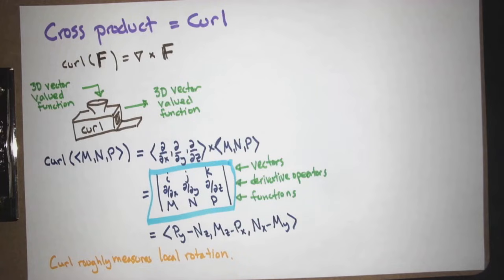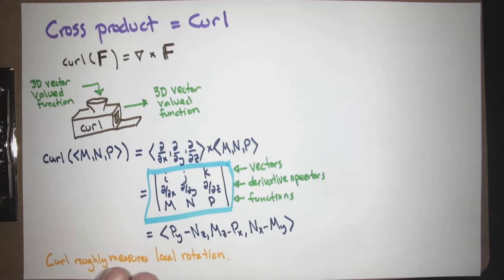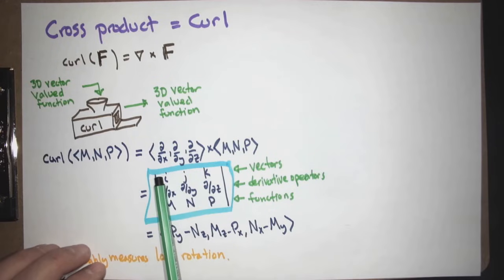Yes. And so roughly speaking, there is an idea that curl can be thought of as measuring the rotation, what's going on locally. We won't get too much into that, but there is a geometrical meaning here. Now, how do you actually compute this? Well, you just do your diagonals, right? So for i, partial y of p.